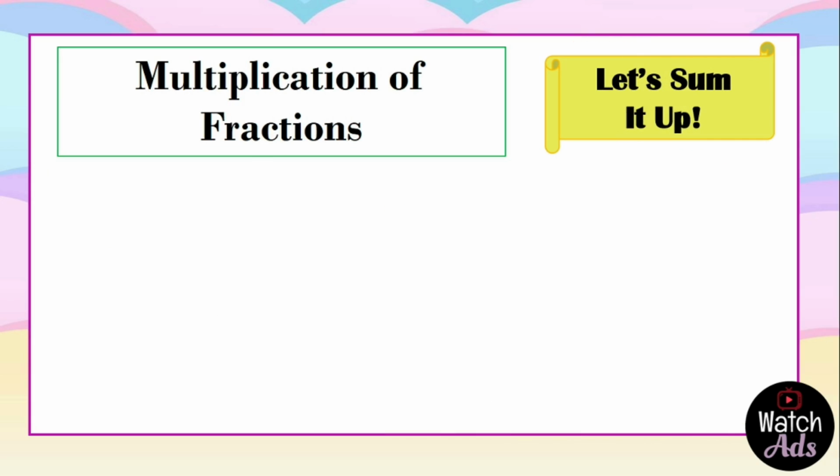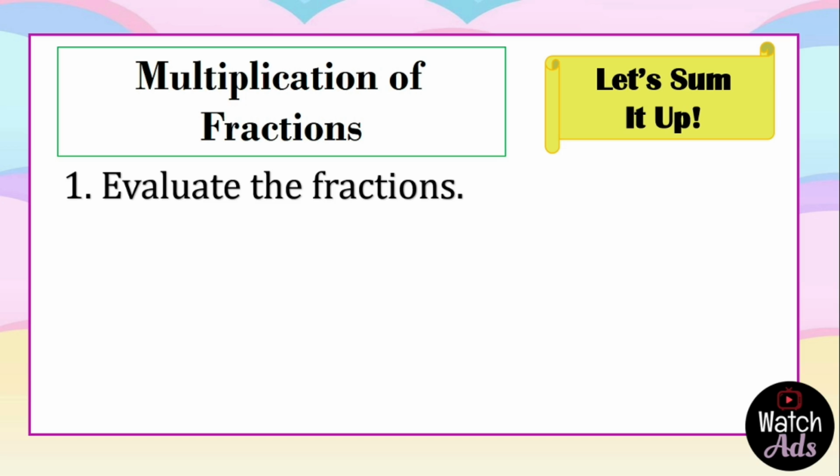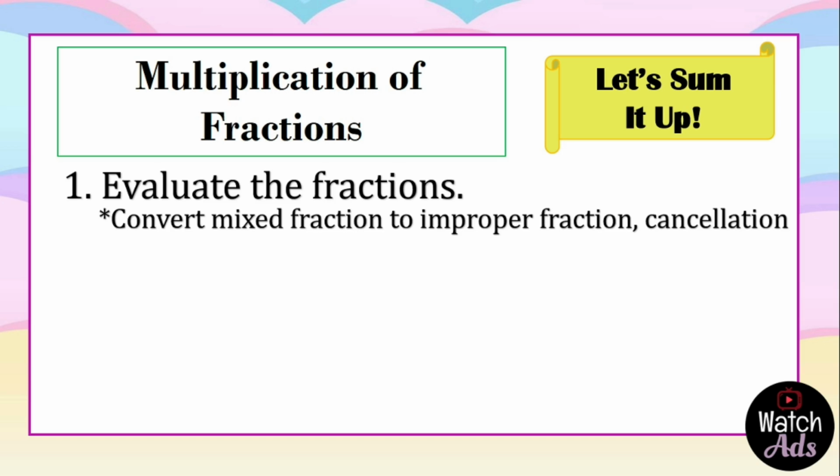To sum it up, in multiplication of fractions, first we should evaluate the fractions. We convert mixed fractions to improper fractions, and then we do the cancellation if we can find the greatest common factor for numbers in the fractions that are arranged diagonally or vertically. We can cancel that out.